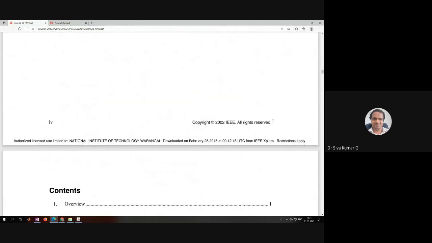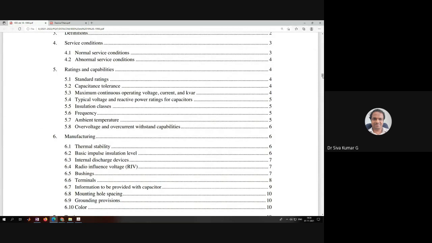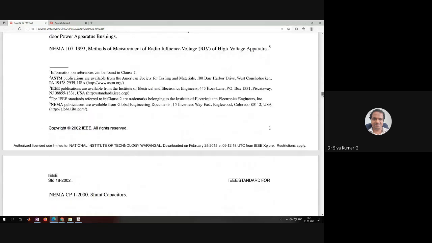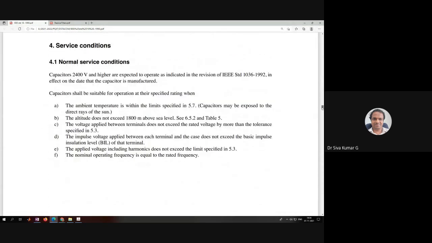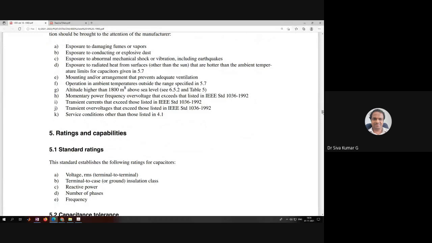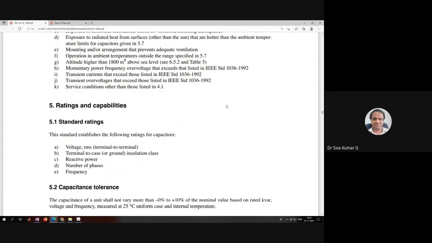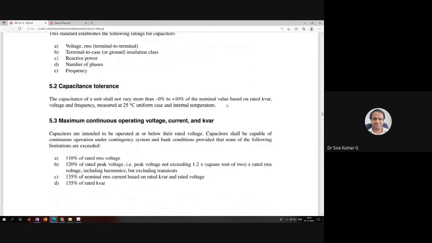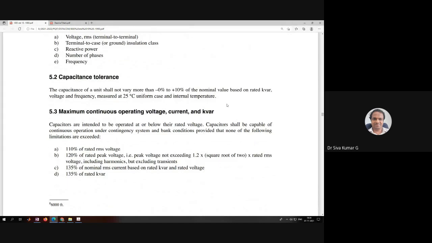While we design this capacitor bank, we need to verify some of the duties and values, because apart from power factor improvement, it has been used to eliminate the harmonics.